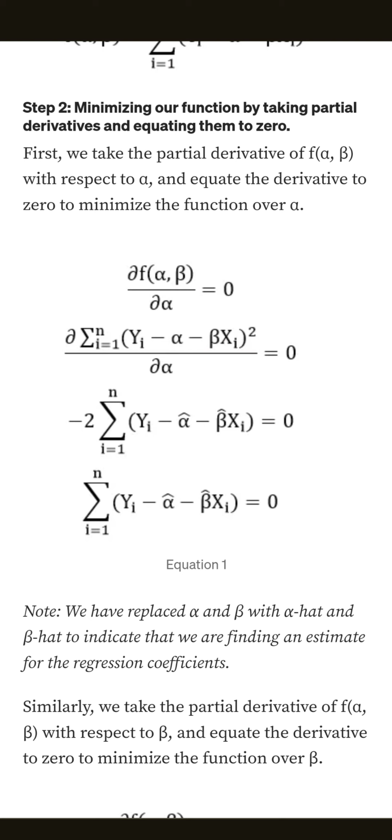Since negative 2 is a constant, that just falls away, and we're left with the sum from i equals 1 to n of open parentheses big Y sub i minus alpha hat minus beta hat big X sub i equals 0.